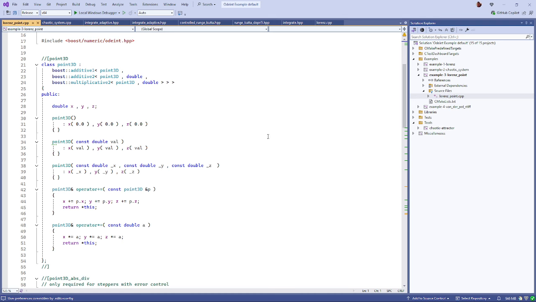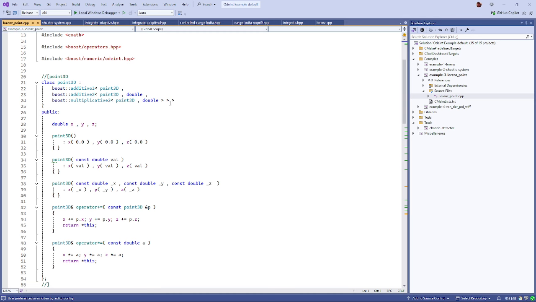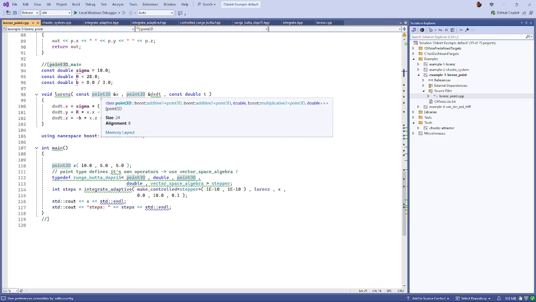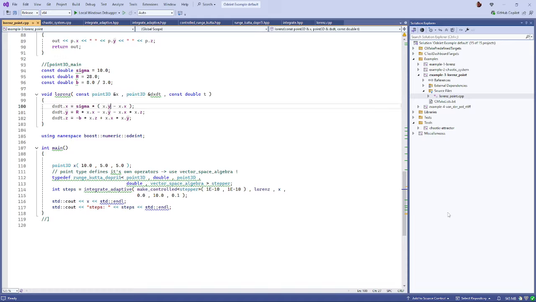Here's just an example of where they've got a custom data structure for a 3D point, and they're going to use the 3D point to represent the state of the system. You can see here they're referencing the state variables as members of the struct rather than as indices into an array.